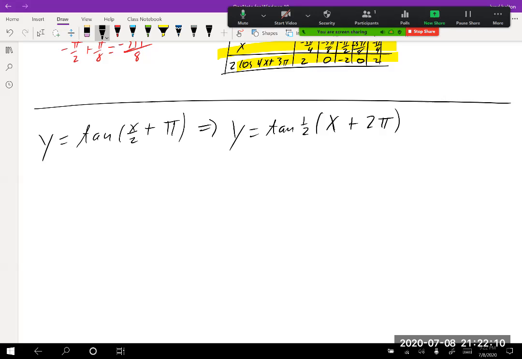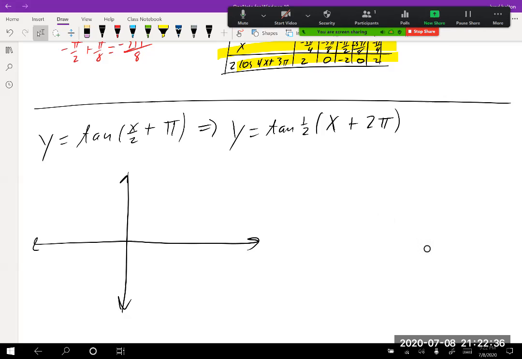So we just have to be careful. I actually don't like using this method with tangent. I would rather just draw my table. So maybe I'll just teach you guys that. That's a little bit better for you. But again, it works the same. I've just seen it go wrong sometimes with the tangent, because in a way you have to check everything anyway.